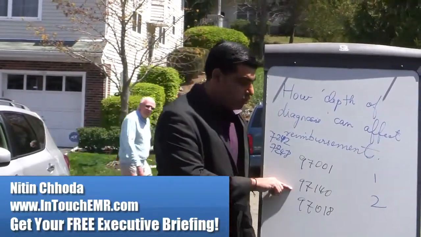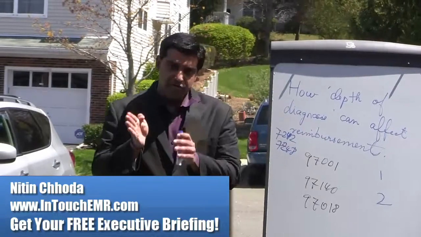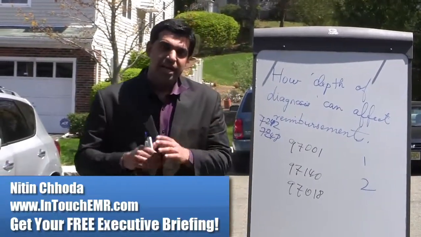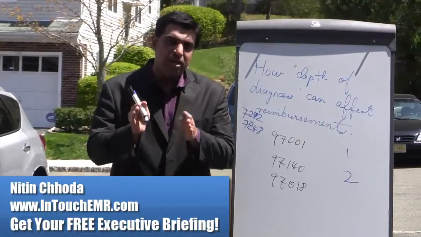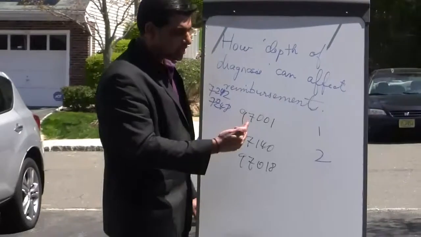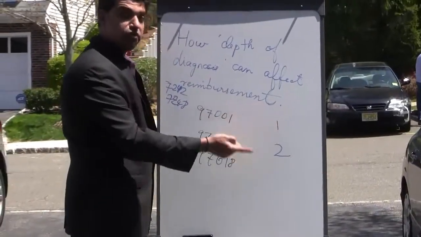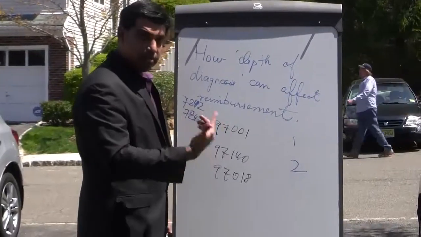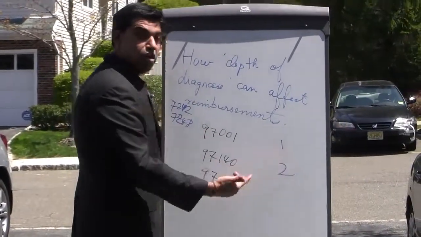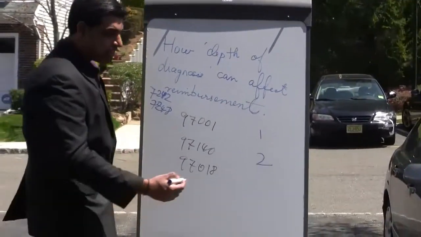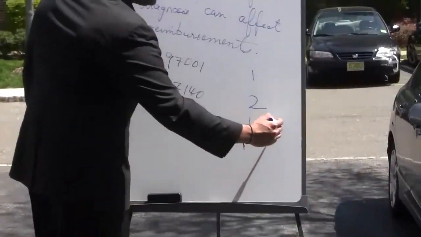Each CPT code, once again, should have different diagnosis pointers associated with it, which means it should be associated with different diagnosis codes. So for example, you're now telling the system that 97001 was done for the first ICD code in this claim. Now you're telling the payer that 97140 was done for the second ICD code billed along with this claim, and for 97018 you can go 1 and then 2.